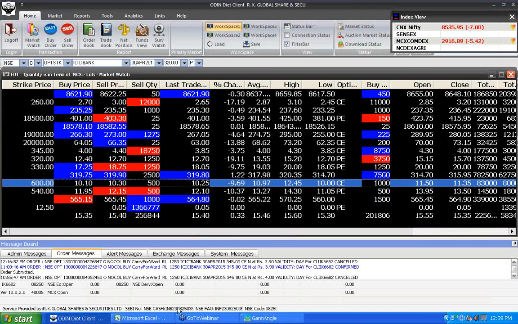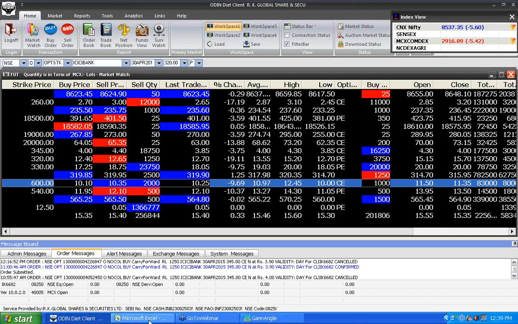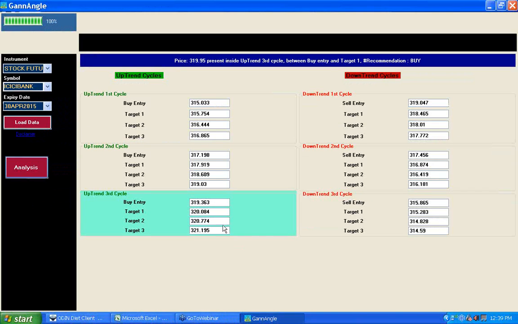So this is the reference price it is being taken, and from there it is telling that we are now in the third cycle of my uptrend. It recommends buy, so I am in the buy entry and target 1. In between these prices only I am now.